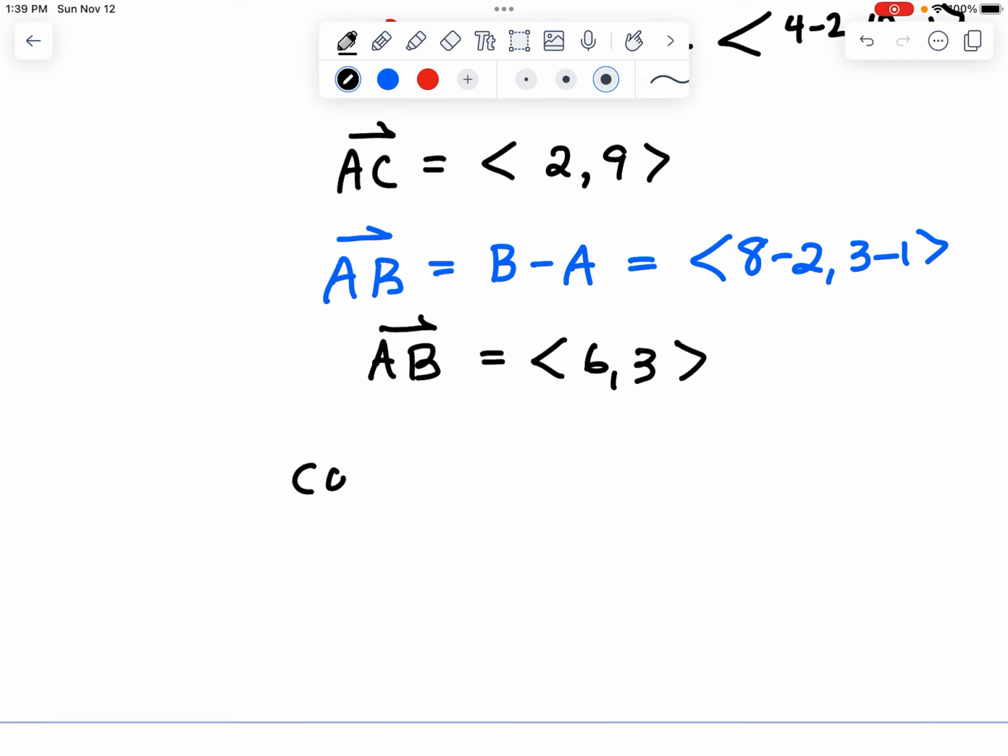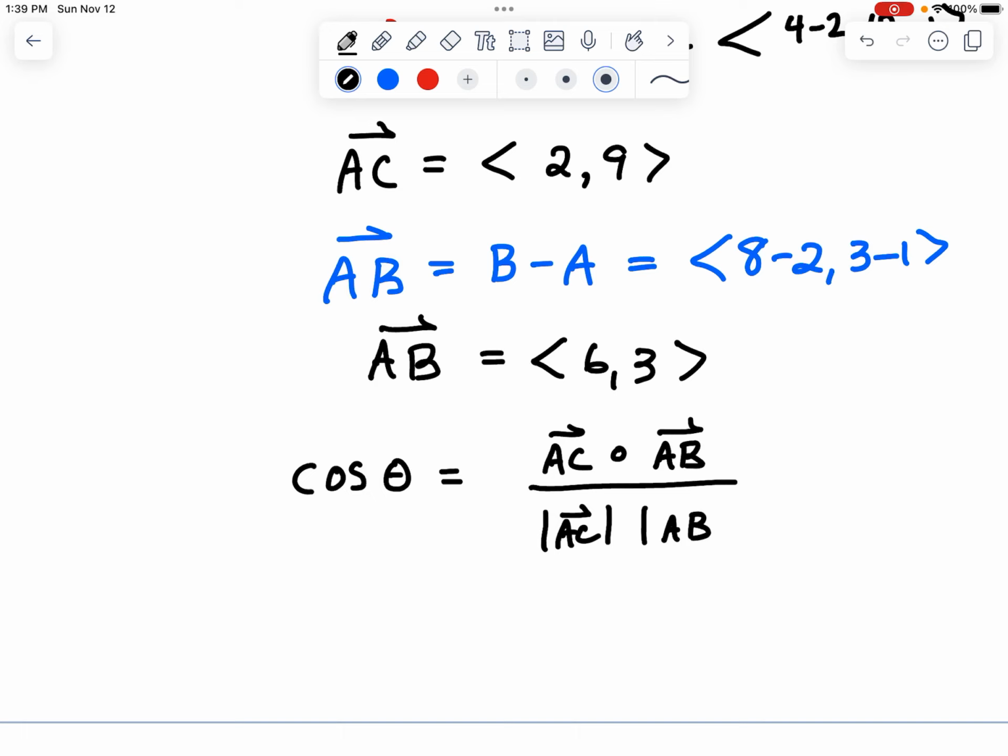The formula is the cosine of theta equals the dot product of AC and AB, over the length of AC and AB. And so for the dot product, you just multiply the 2 x values, so that's going to be 2 times 6, plus you multiply the 2 y values, so that's going to be 9 times 3.